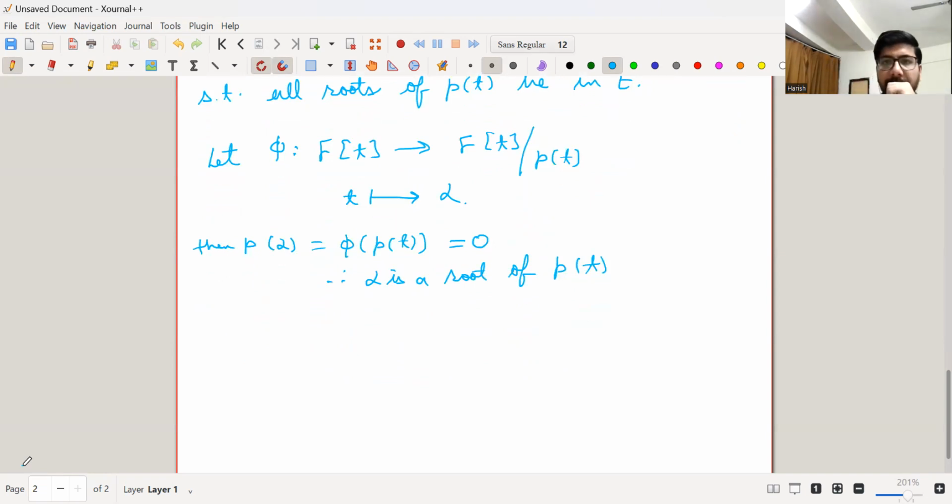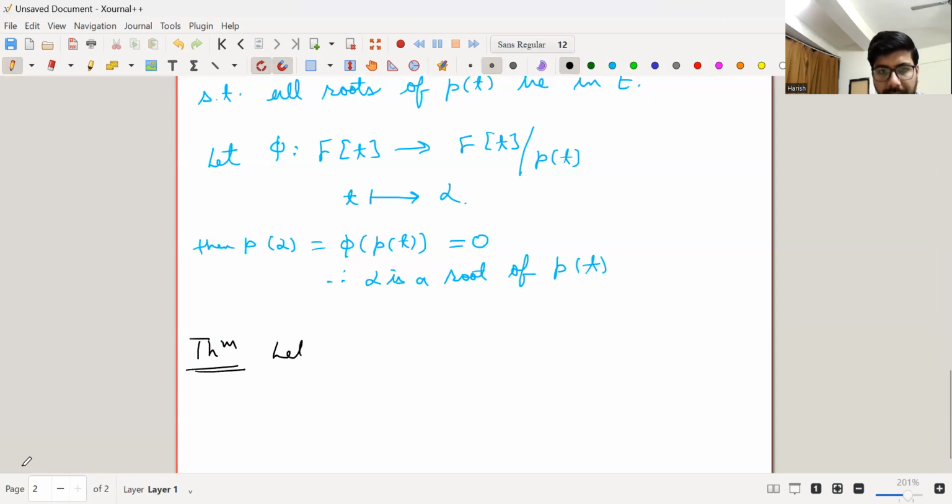Okay. So the theorem says that this is going to happen always. This may or may not be a field, but the theorem says that there always exists a field such that you have all the roots of the polynomial of the original field in that new extension.